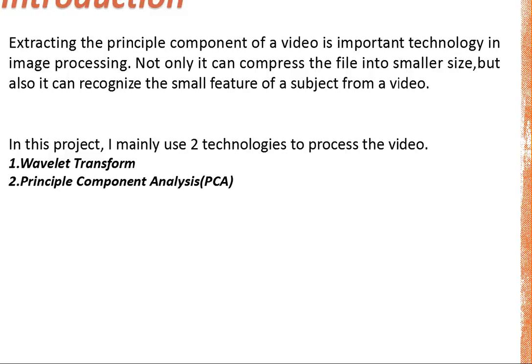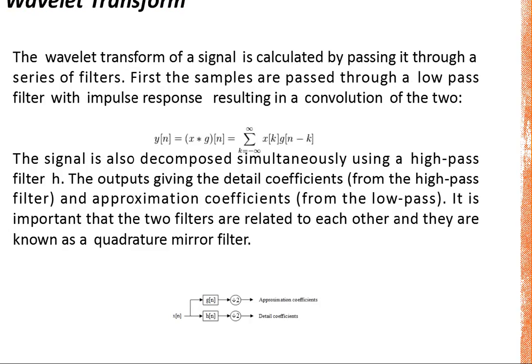In short, PCA. Okay, in the first part, I'll talk about the wavelet transform. The wavelet transform of a signal is calculated by passing it through a series of filters. The first sample passes through a low-pass filter with an impulse response g, resulting in a convolution of 2. As you can see, y equals s convolved with g. The signal is also decomposed using a high-pass filter h.